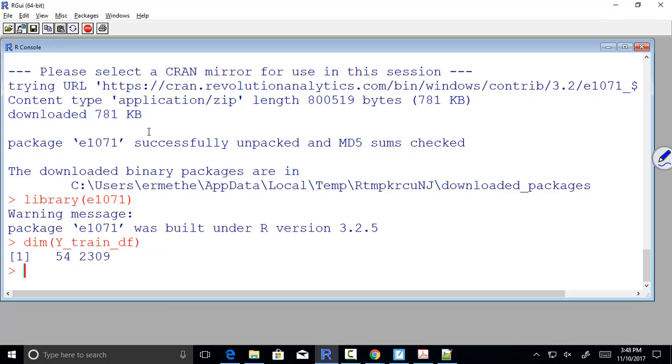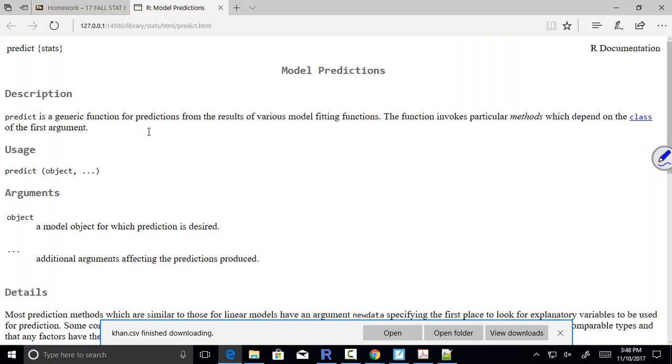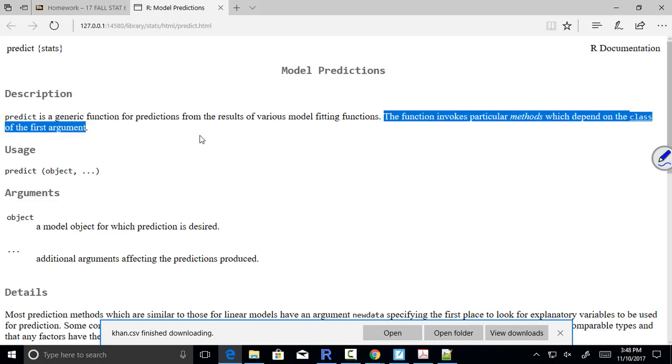If I just say ?predict, I get the generic help file for predict. The function invokes particular methods that depend on the class of the first argument. That just means it does different things depending on the type of object you give it.